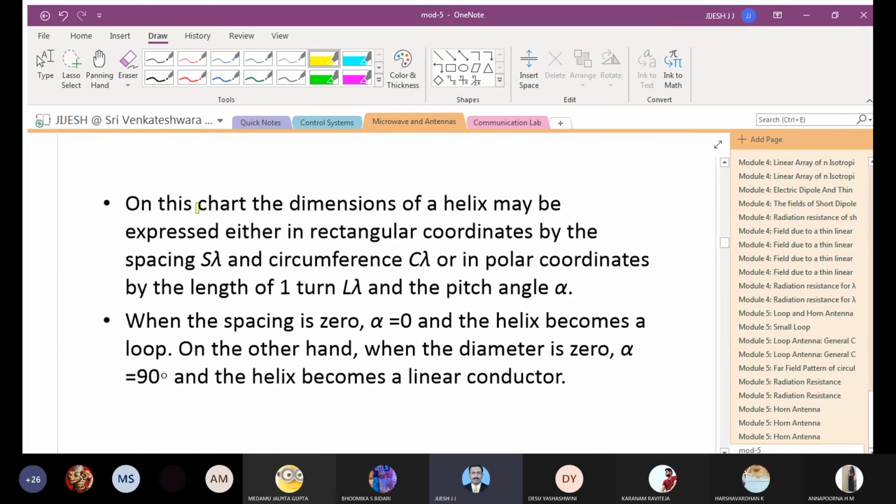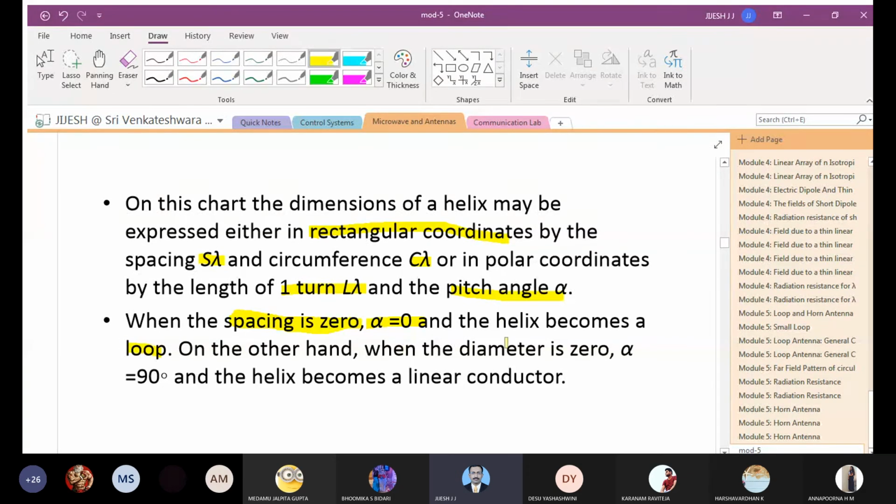The dimensions of the helix may be expressed either in rectangular coordinates by spacing S lambda and circumference C lambda, or in polar coordinates by the length of one turn, L lambda, and the pitch angle alpha. So when the spacing is zero, it is really difficult to have zero spacing, but let us take that if the spacing is zero, then alpha is equal to zero and the helix becomes a loop.